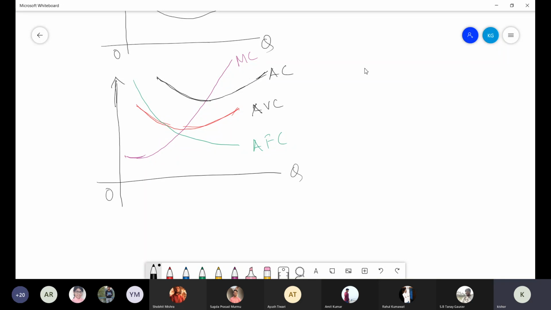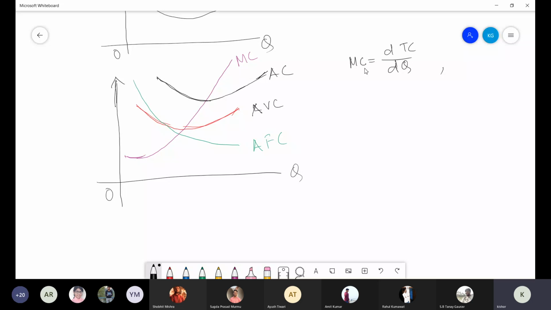Suppose the equation is not in front of me, and I am interested to see the relationship between marginal cost and average cost. As we know, marginal cost is the first order derivative of total cost. We know it.